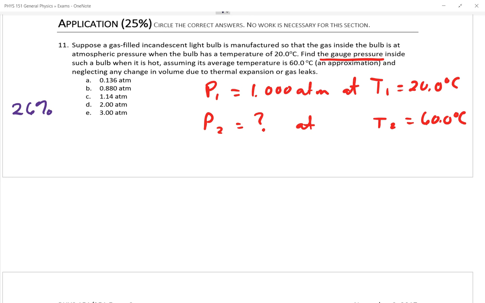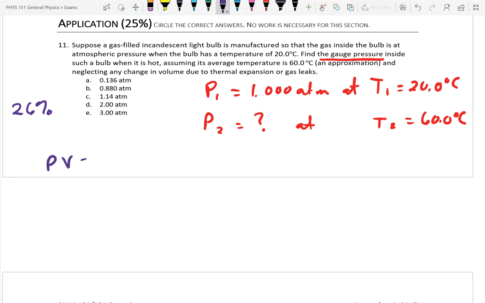The ideal gas law. One person pulled out the Van der Waals gas law. So we're going to have PV equals nRT. They did not give us the volume. They did not give us the number of moles. Some people could have, nobody did, at least that I recall, say, well, you can't solve it because you have too many unknowns.